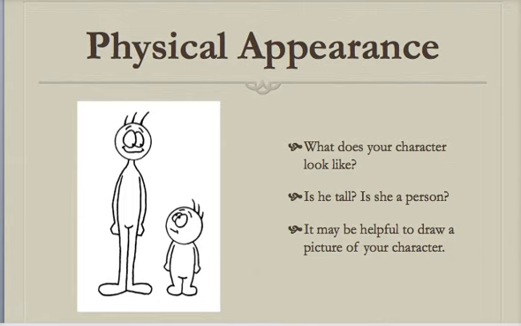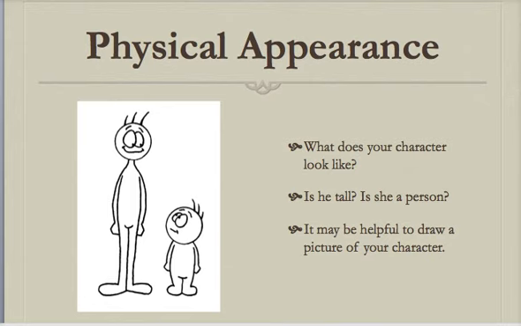Okay, and physical appearance, really good words to use would be metaphors like he's as tall as a skyscraper, or she's almost as short as an ant, something like that. Not just he is tall, he has black hair, he has brown eyes, because that's pretty boring. Remember, you're trying to get sensory images.